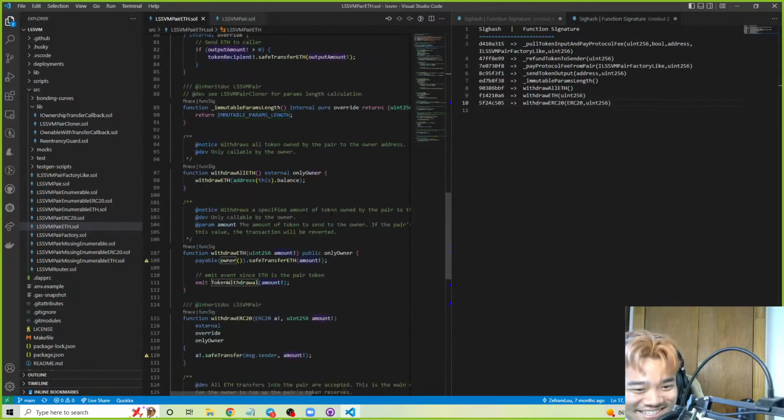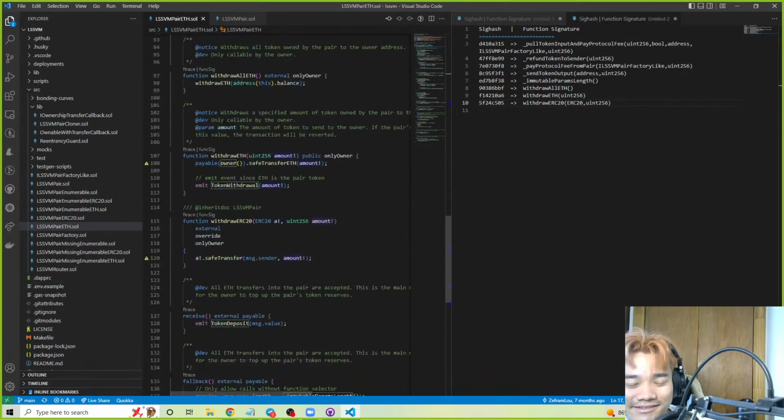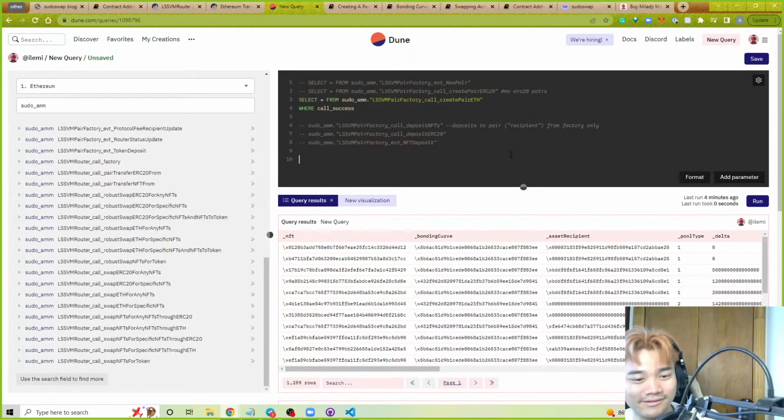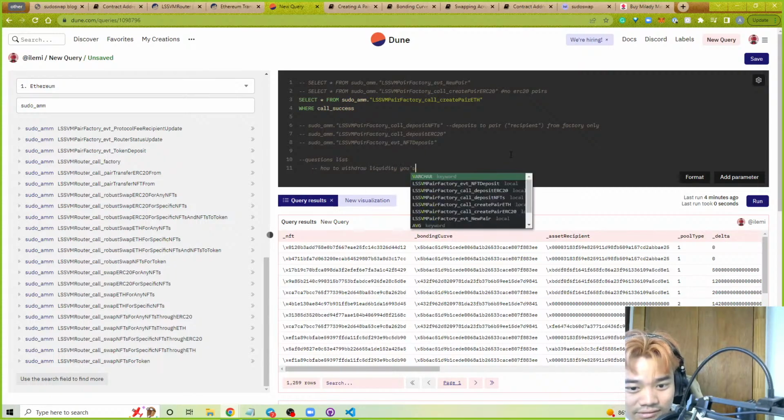Yeah, okay. I have so many questions. All right. So we don't know, questions list: how to withdraw liquidity you deposited.